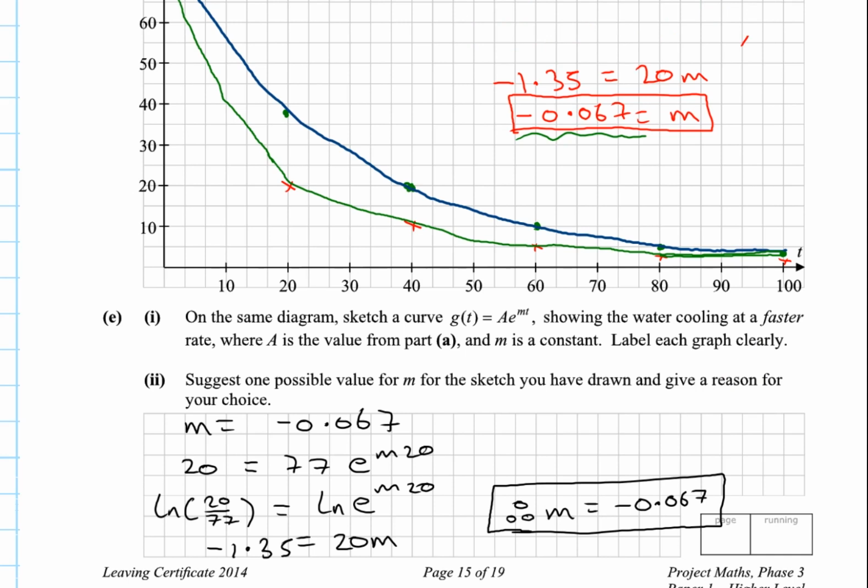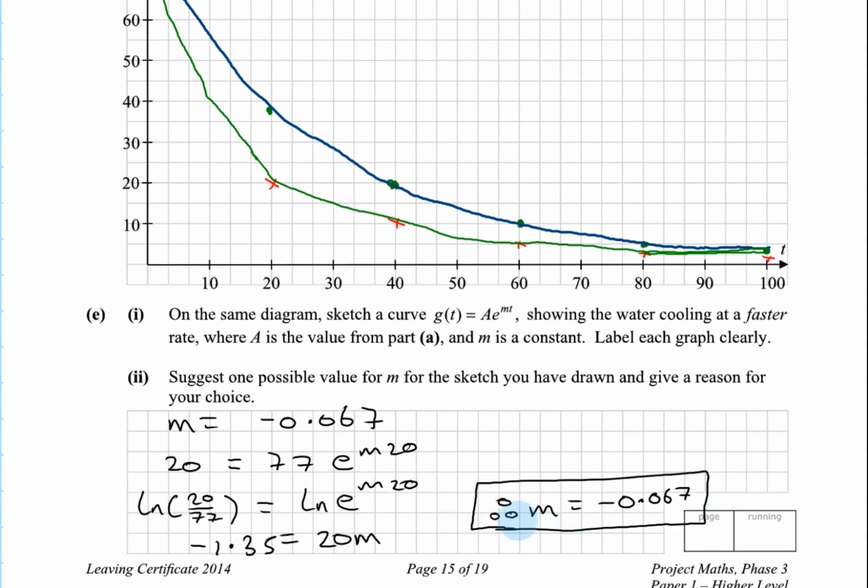I'll just get rid of this up above. And then you could actually investigate that this will lead to the water cooling faster. Now I don't have loads of space here, but you could do 77 e to the minus 0.0339 t is greater than 77 e to the power of minus 0.067 t.